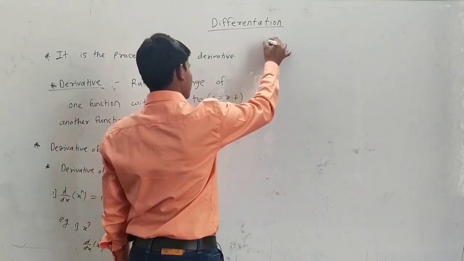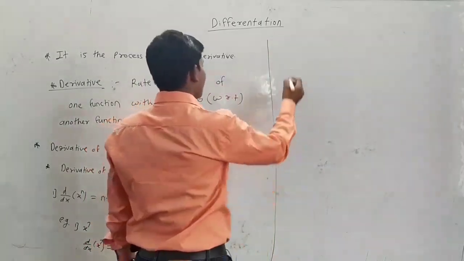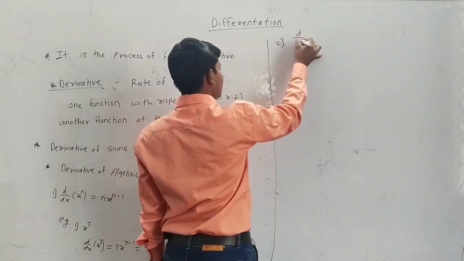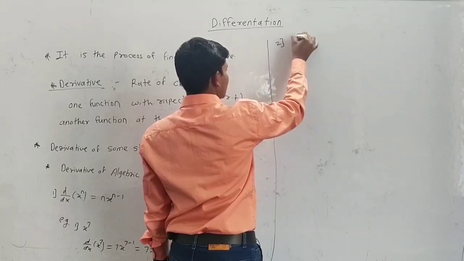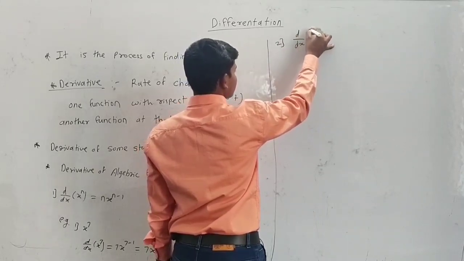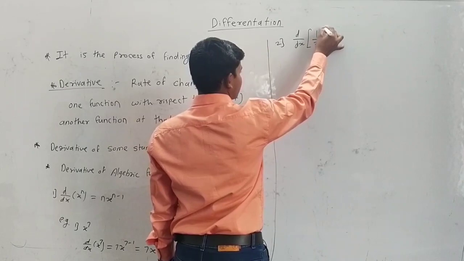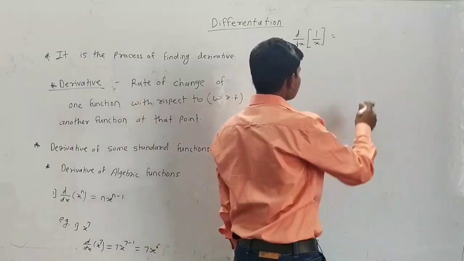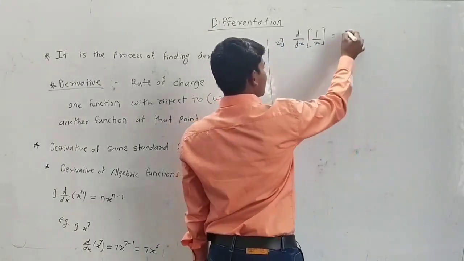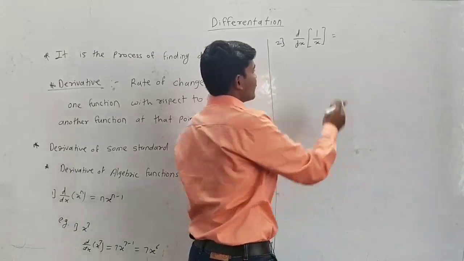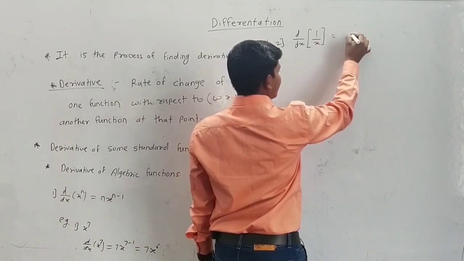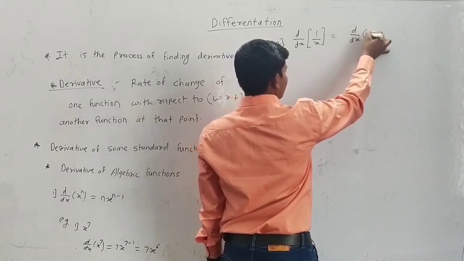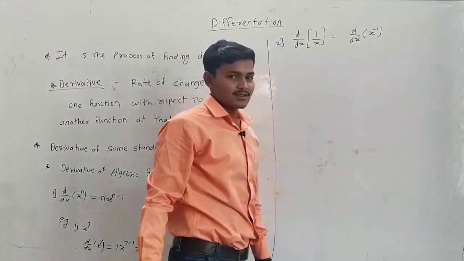Then next, dy/dx of 1/x. We have to take x in the denominator, that is, we can write it also as d/dx of x raised to minus 1.